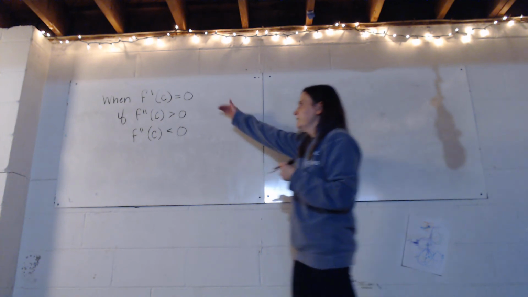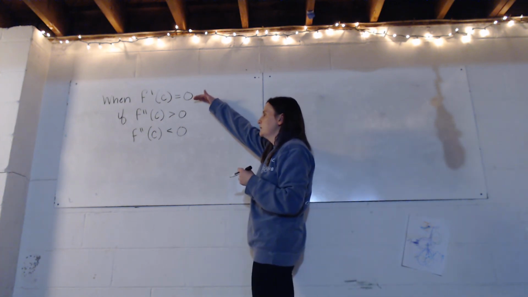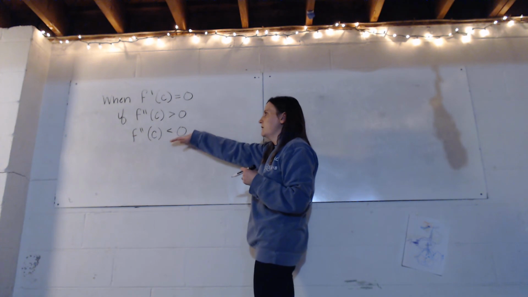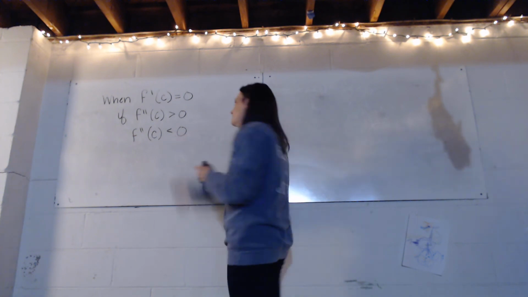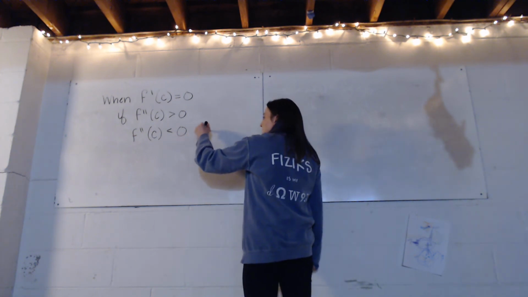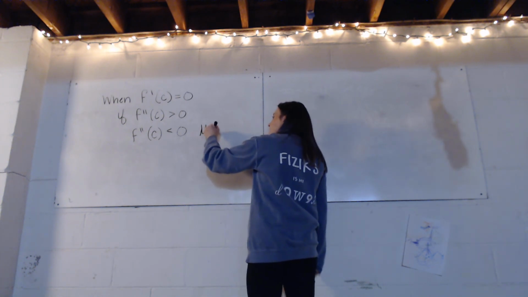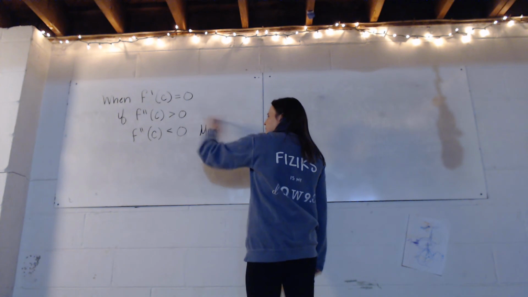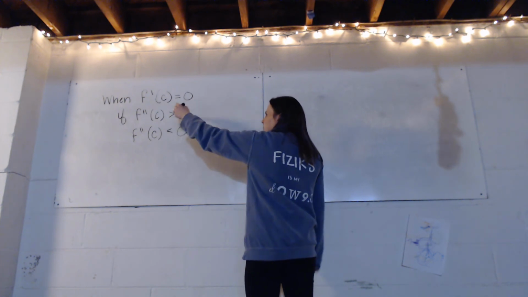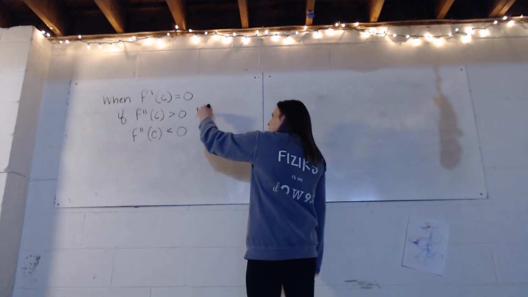If the first derivative is 0 and the second derivative is less than 0, this is a maximum value. And if the first derivative is 0 and the second derivative is greater than 0, this would be a minimum value.